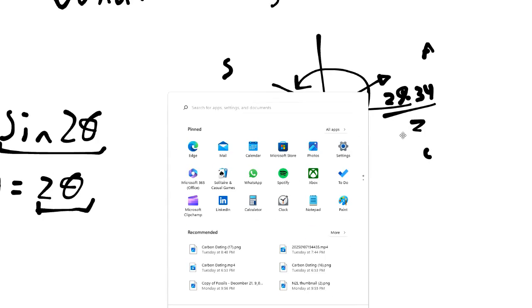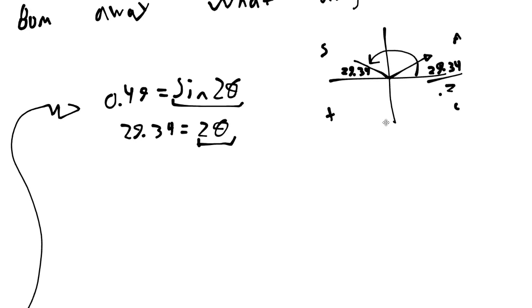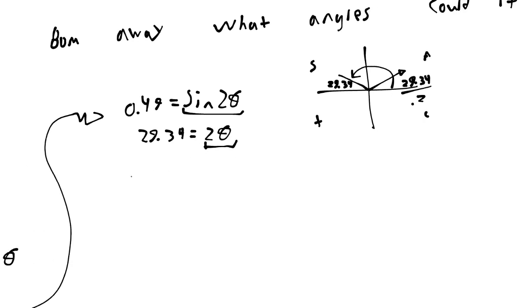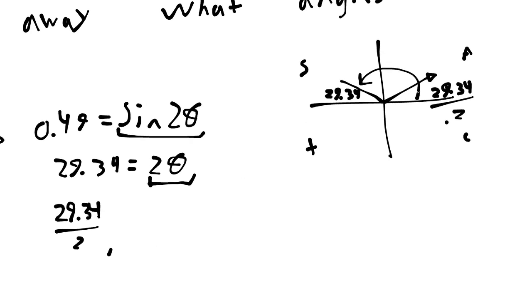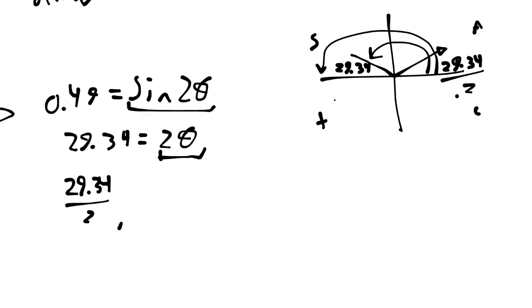So what you're going to do, there's two options. So option number 1 is going to be 29.34 divided by 2, and then option number 2, so again, see how this whole thing right here would be 180 degrees, right? But it's not quite 180. It's 180 minus 29.34, divided by 2.